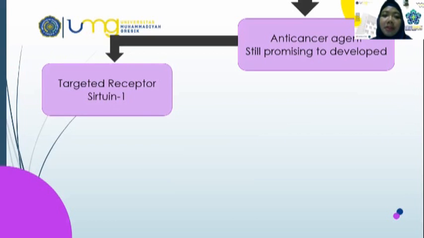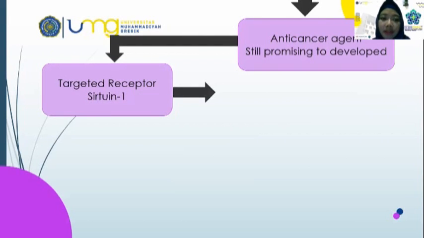In this research, we used the CYP21 receptor as the target for an anti-cancer agent because CYP21 can lower the P53 molecule. That P53 molecule will attack the cancer cells. So if we inhibit CYP21, we can have a lot of P53 protein and then the cancer cells will undergo apoptosis.